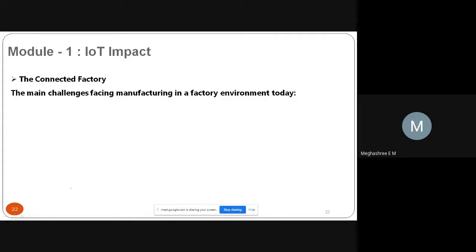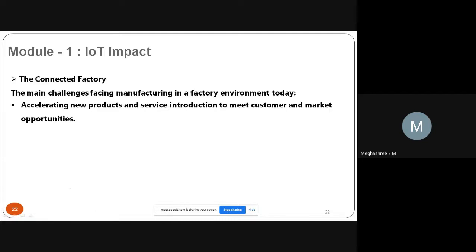Yes. And the next example is the connected factory. Okay, so the major challenges faced by factories nowadays are accelerating new product and service introduction to meet customer and market opportunities. This is the first challenge.